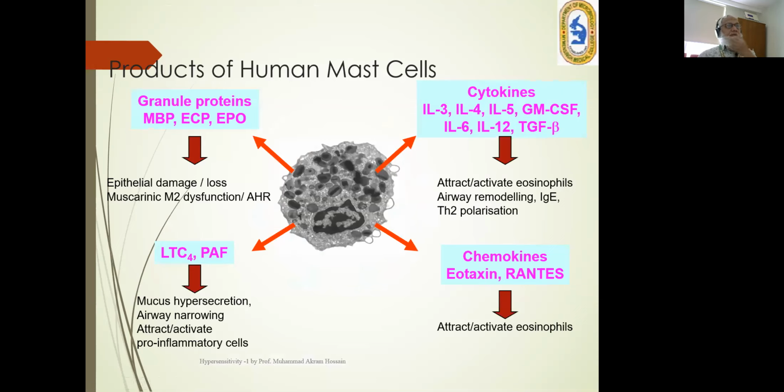What are the products of human mast cells? So you see, there are some granules, some cytokines, chemokines, and leukotrienes, C4, D4, and they have different types of activities, including epithelial damage, mucus hypersecretion, airway narrowing, pro-inflammatory cell attraction, and these cytokines have activation of eosinophil and all these things.